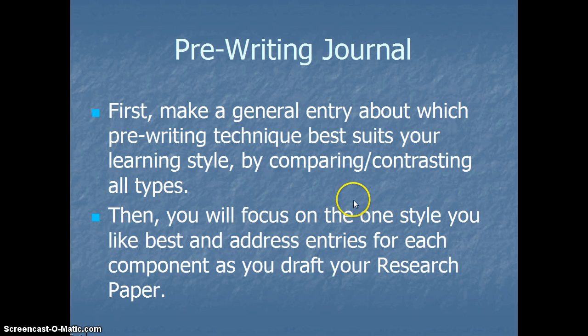So again, for the pre-writing journal, you're going to first make just a general entry about what pre-writing technique best works for you in general, and then you're going to do several other entries as you write your research paper using the style that you like the best. Okay, so you'll maybe use some sort of list or some sort of clustering or some sort of free writing for your introduction, for your thesis statement, for the outline of your paper, and then that will earn the 40 points for the pre-writing.